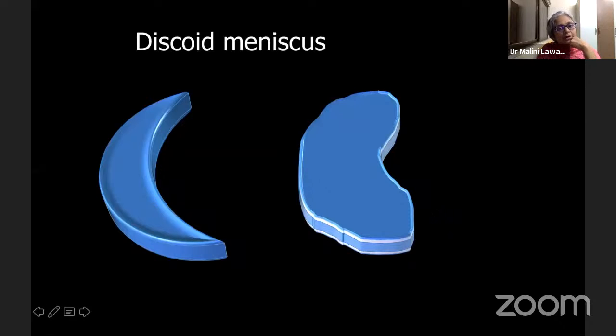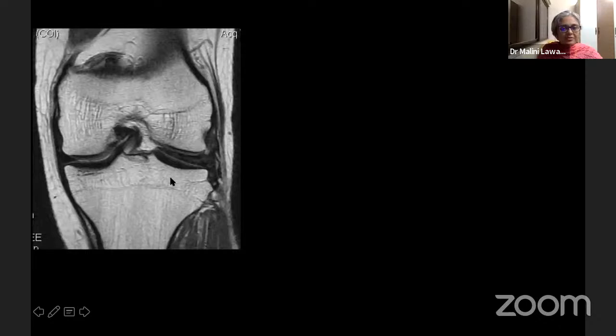Next, coming to discoid meniscus. Unlike a normal meniscus, a discoid meniscus developmentally has a more pancake-like appearance, and that's what we see on MR. This is the normal body of the medial meniscus, while this body of the lateral meniscus you can see is so much larger, occupying the entire joint cavity. So this is a complete discoid meniscus.